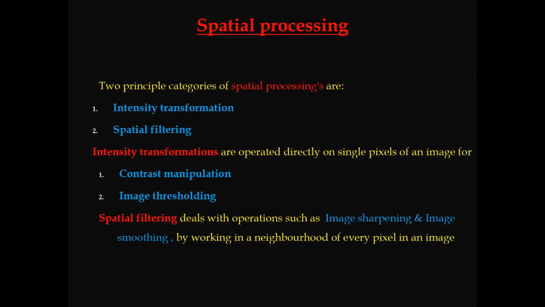Intensity transformations operate directly on a single pixel of an image for contrast manipulation or image thresholding. Spatial filtering deals with operations such as image sharpening and image smoothing by working in the neighborhood of a pixel in an image.